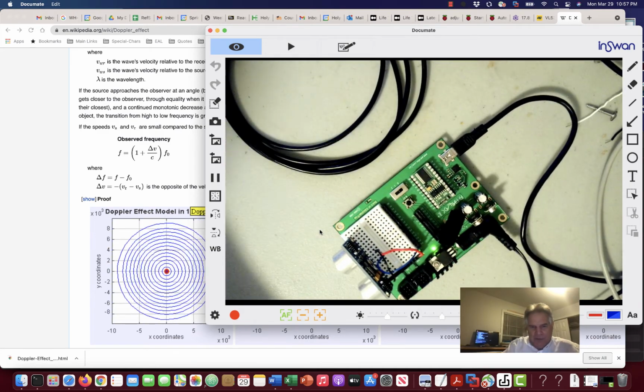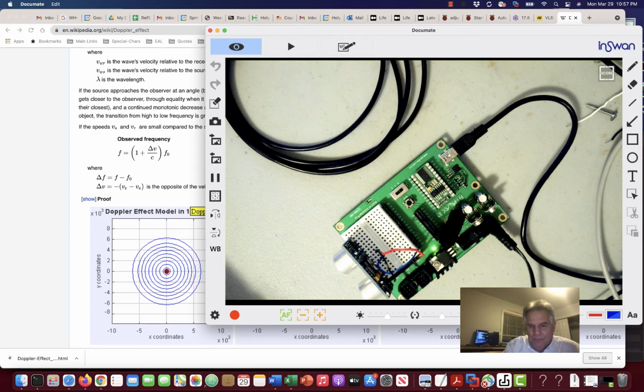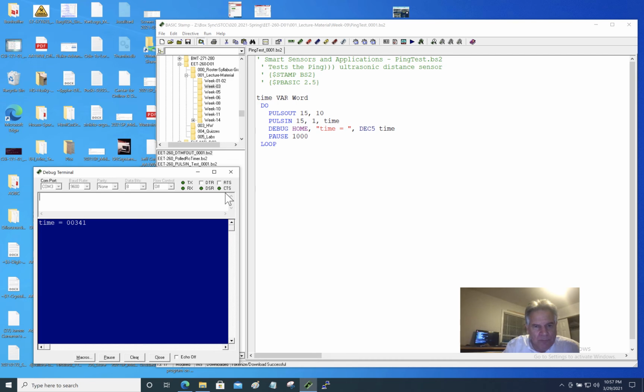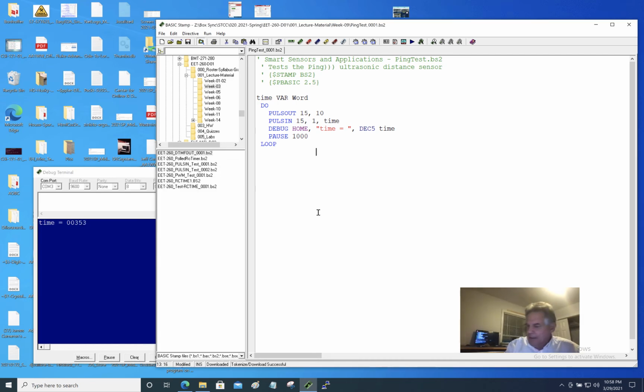I'm going to go over to the Windows side here where I'm running the basic stamp software. There we go. And I think I can raise this up and point it down at the desk.